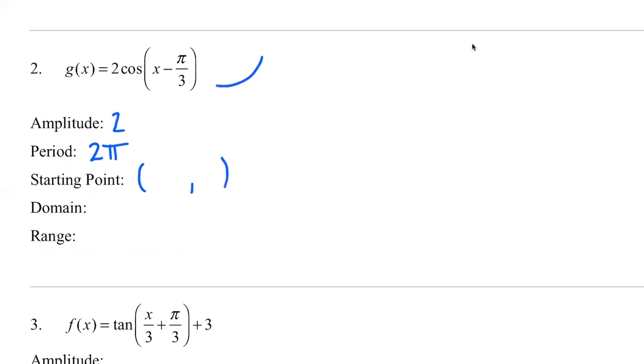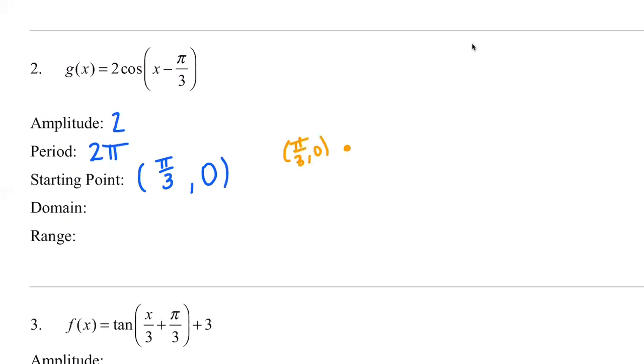For our starting point, we don't have anything added to the end, so there is no vertical shift. However, we do have a horizontal shift to the right, pi over 3, and the B value is 1, so that does not affect it. So we have a starting point of pi over 3, 0.